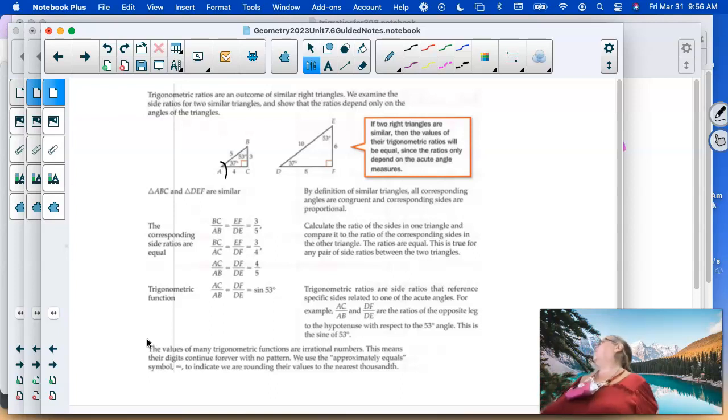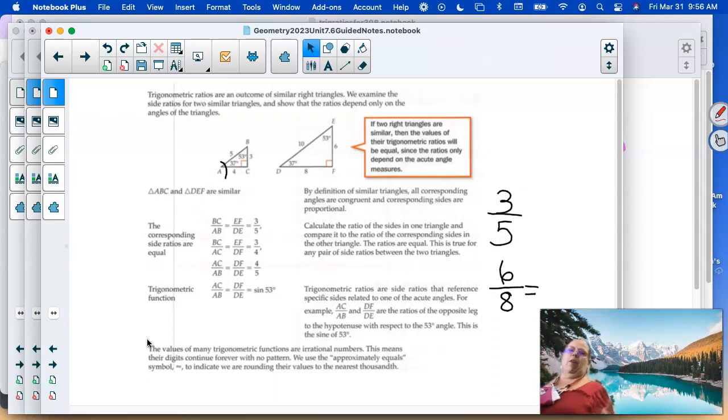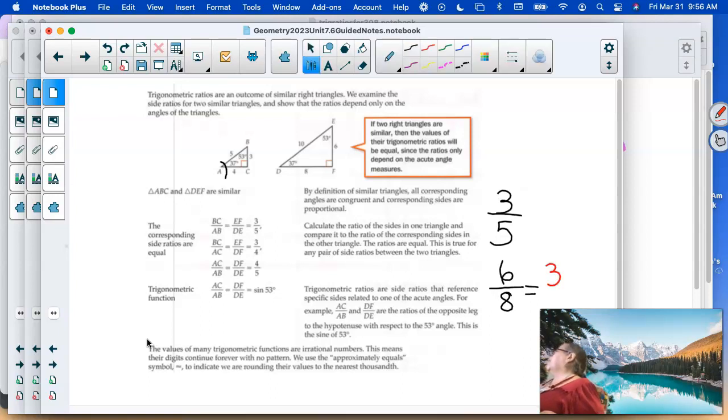Watch. I'm going to do it over here. Let's do 3 over 5 and 6 over 10. I want to reduce 6 over 10 to lowest terms, and they're both even, so I can divide by 2. 6 divided by 2 is 3, and what's 10 divided by 2?